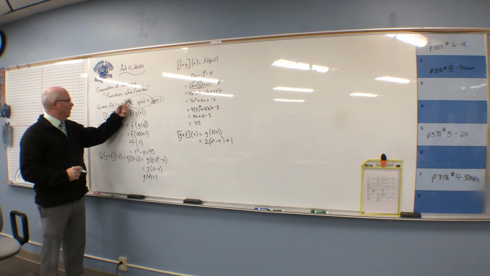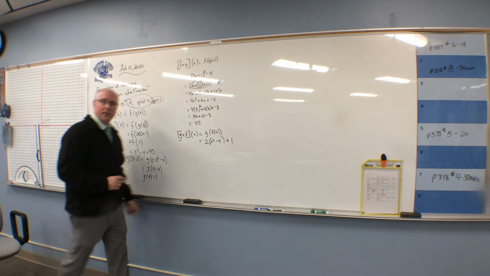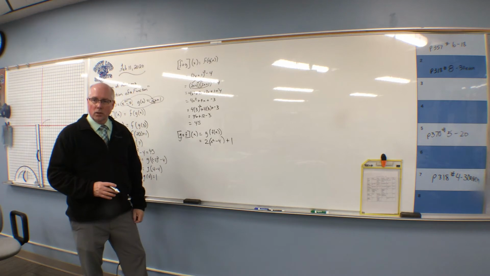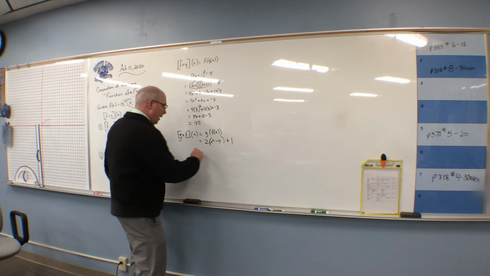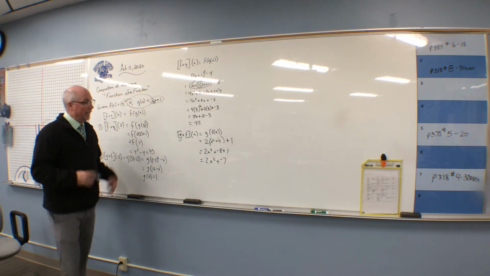What I did was I took all of this and put it into this x. Now we simplify. This one's easier because I don't have to FOIL, correct? So I have 2x squared plus a negative 8 plus 1, so I get 2x squared plus a negative 7, and that's my answer.